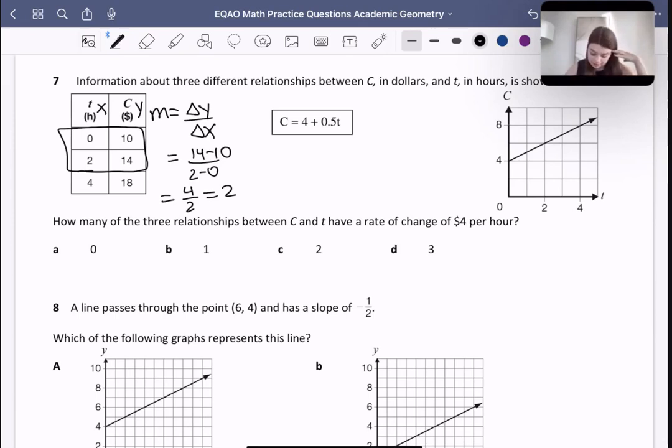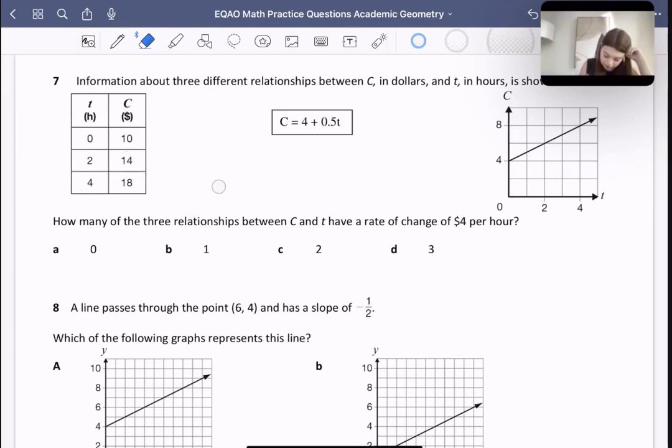Or whatever service we're doing, it costs us $10. And then for every additional hour we use, it's an extra $2 that we're paying, as opposed to an extra 4, because this extra 4 comes in after using 2 hours, not after 1 hour. So this one is a no, because m is equal to 2 here.